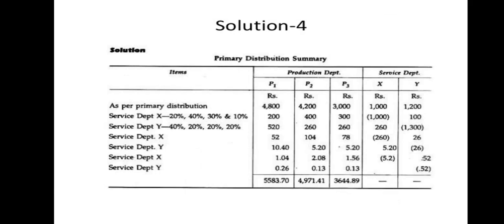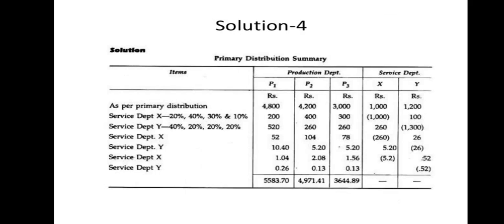Next, for production department 3, 52 into 20 by 100, that is 0.13. So if we observe the balances of production departments, service department should not consist of any balances, that should be apportioned to production departments.